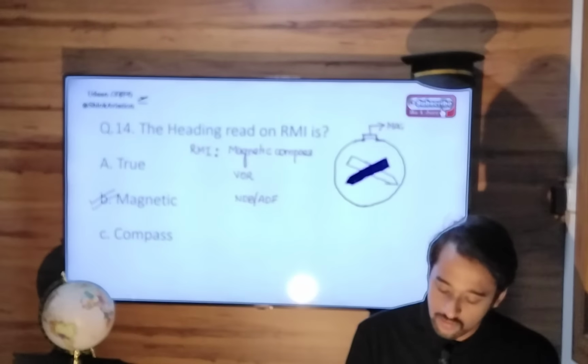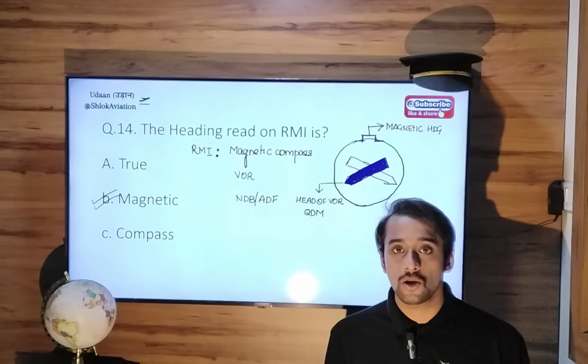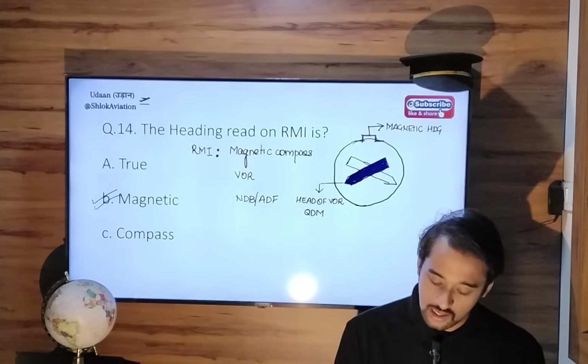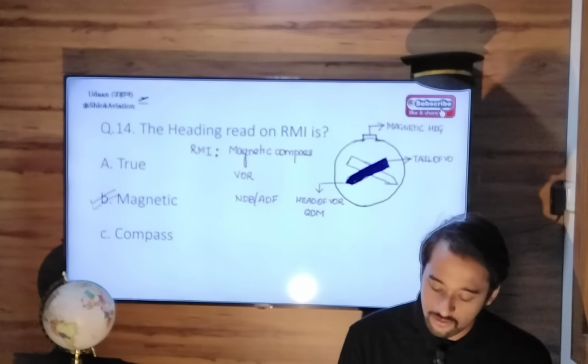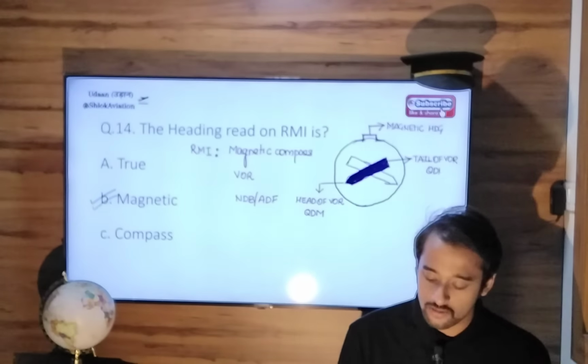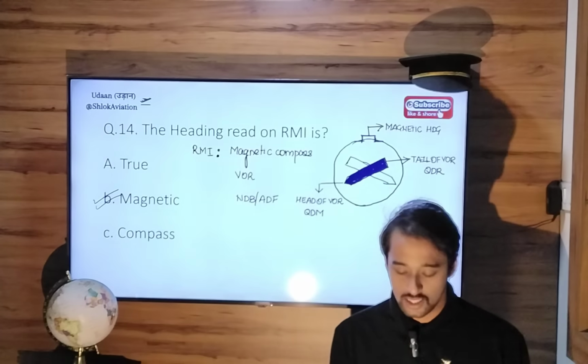Over here this is the head of your VOR needle. It represents QDM, or it gives the information of QDM or magnetic track to the station. The tail of the VOR needle will give you the information of QDR, track away from the station.